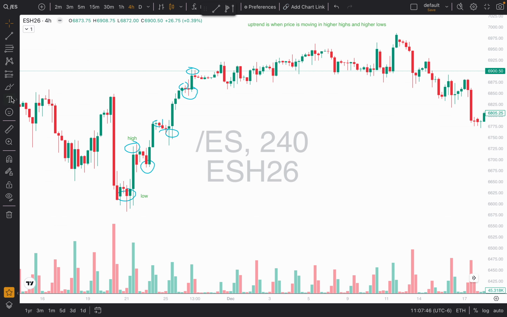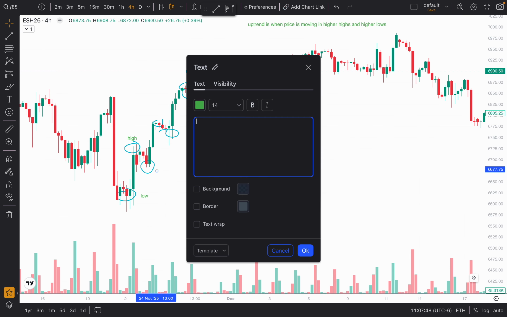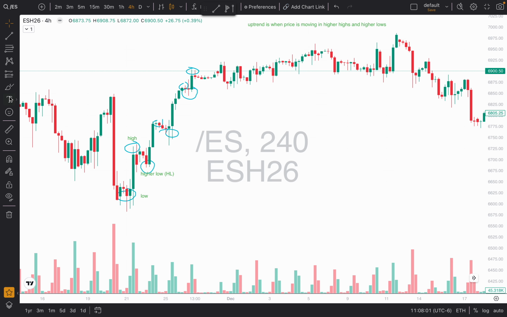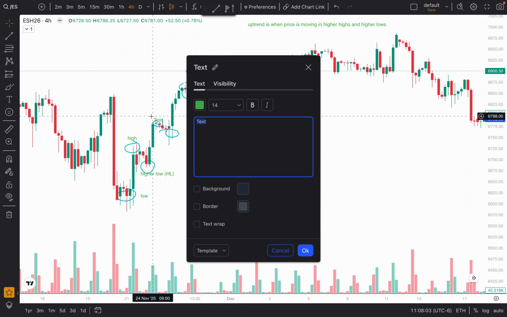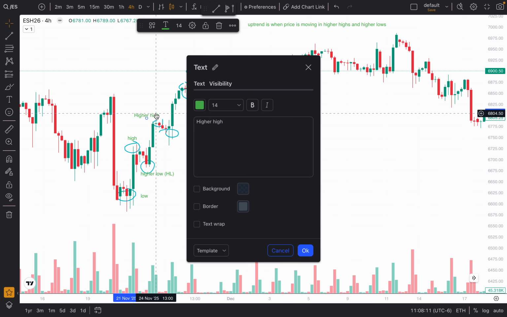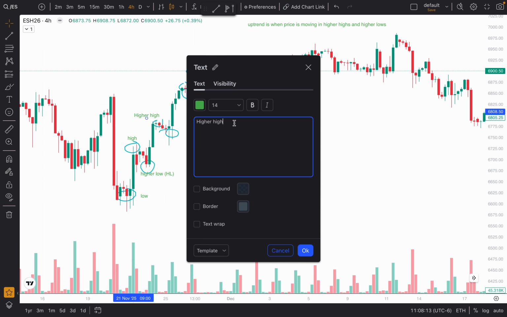What we get shortly after, we get a higher low, which will just be HL, just like this. Boom, higher low. Then what we get after this higher low, we get a higher high. Boom. And a higher high would just be HH.